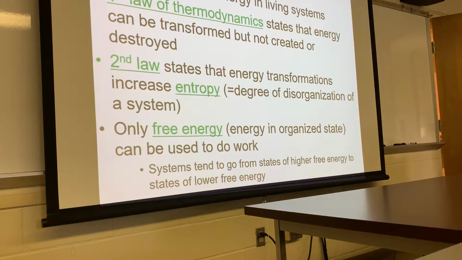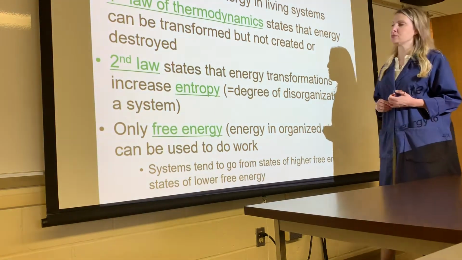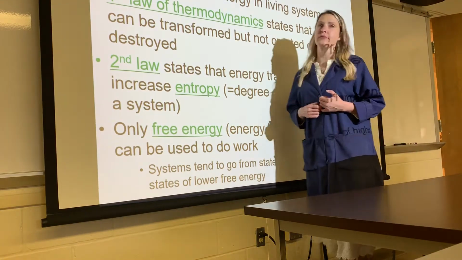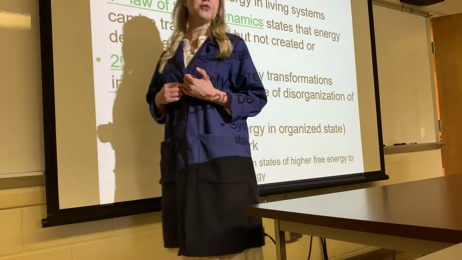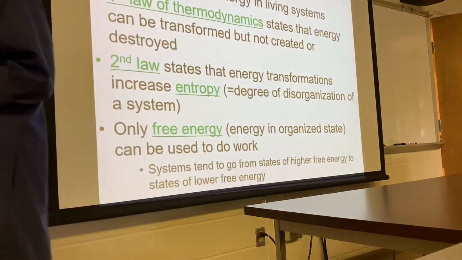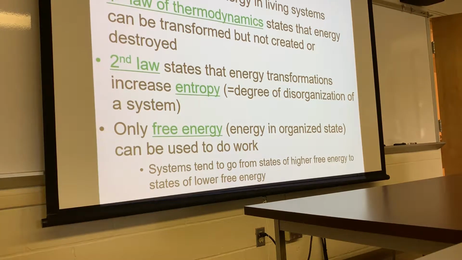But the second law states that with each energy transformation, we create disorder. We create entropy. That's what disorder is. And so that means that when the sunlight energy is converted to glucose energy, we have to have a bunch of reactions that take place to make that glucose.